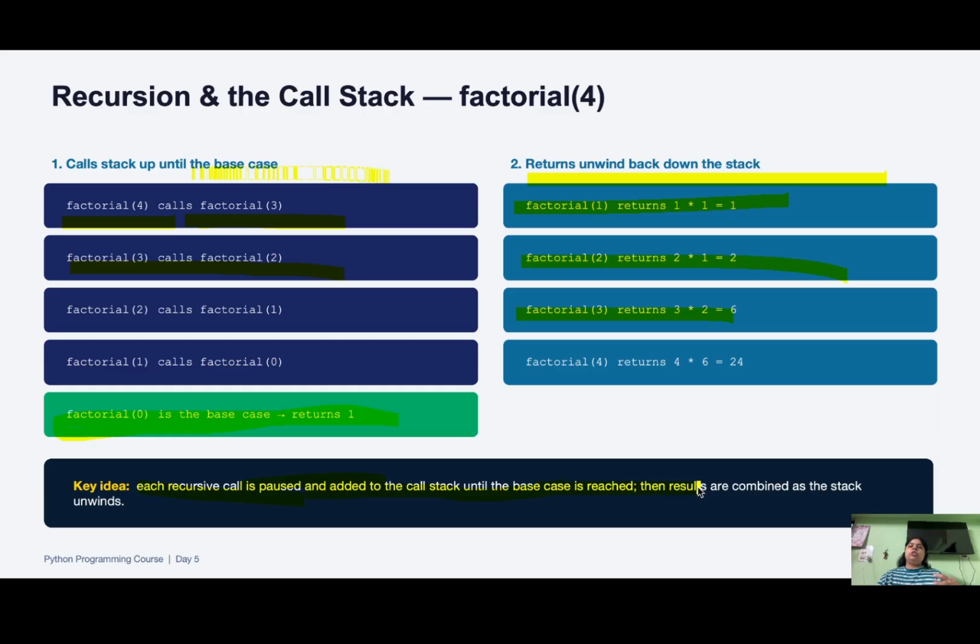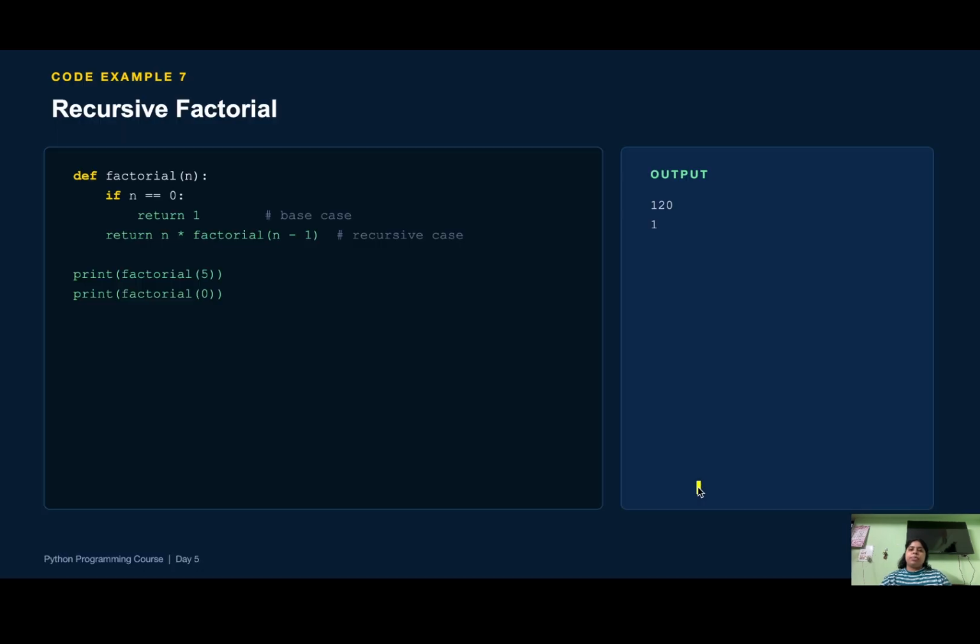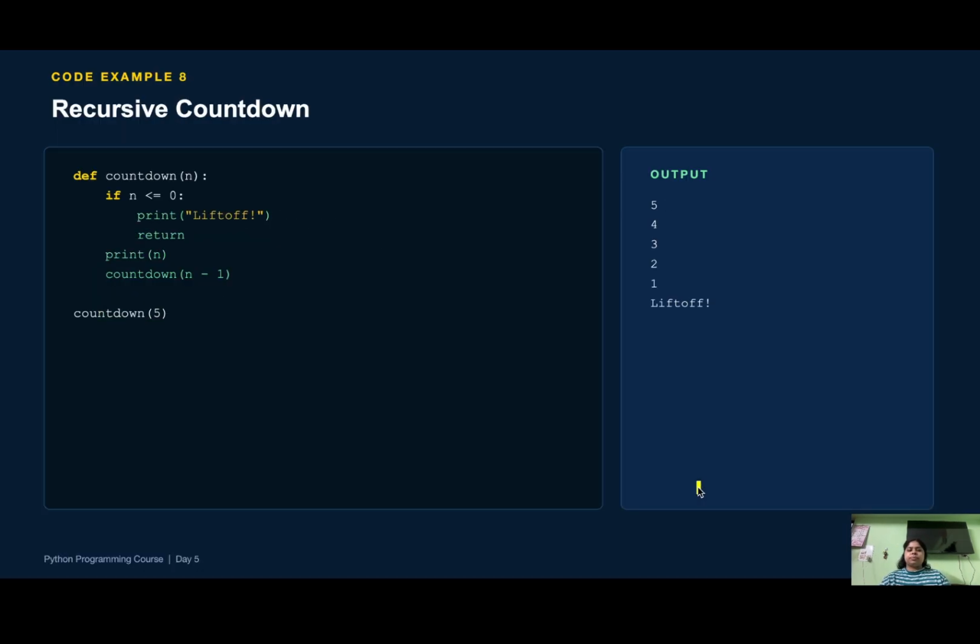Recursion totally relies on the base case. It has to reach the base case to stop. Okay, recursive factorial is understood. Now a recursive countdown.